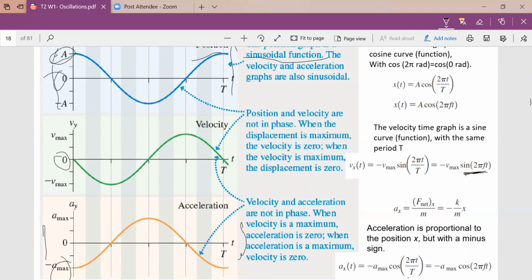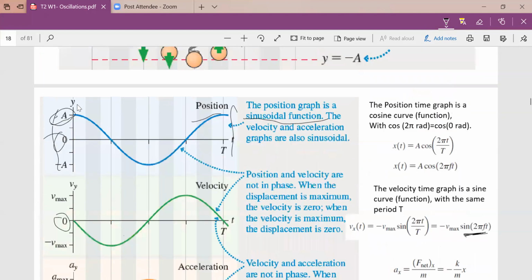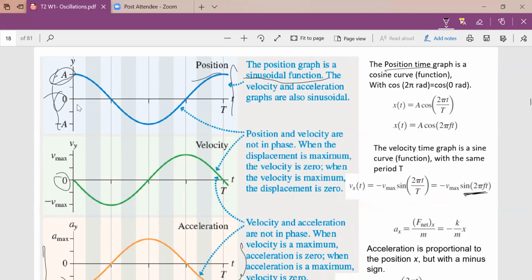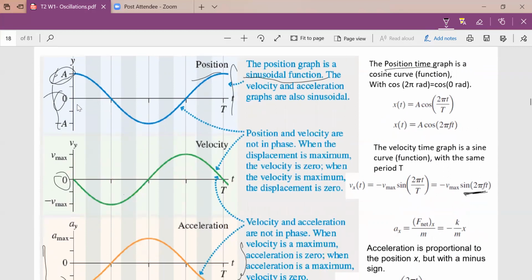So to describe the equation that we use to derive the position graph, the velocity graph, and the acceleration graph, we'll look at that in the next slide, but we want to emphasize that the position graph is actually a cos function of 2 pi rad, which is 360 degrees.